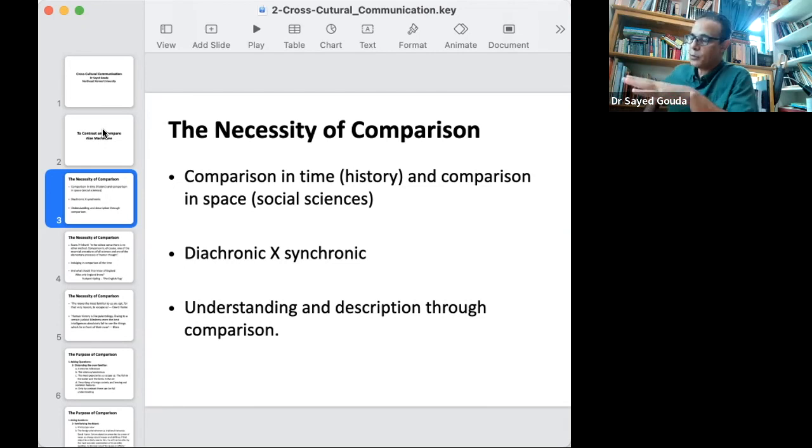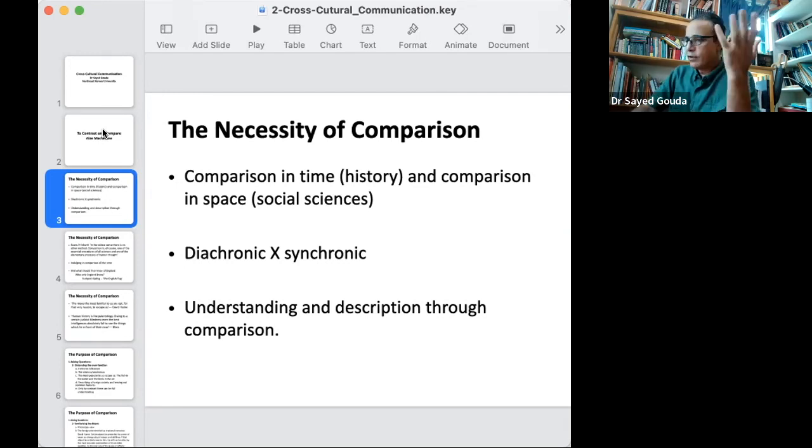So here the comparison can be either synchronic, meaning comparing two things that exist at the same time, or diachronic, that means two things that happen in two different times. And the comparison here is spatial, not temporal.